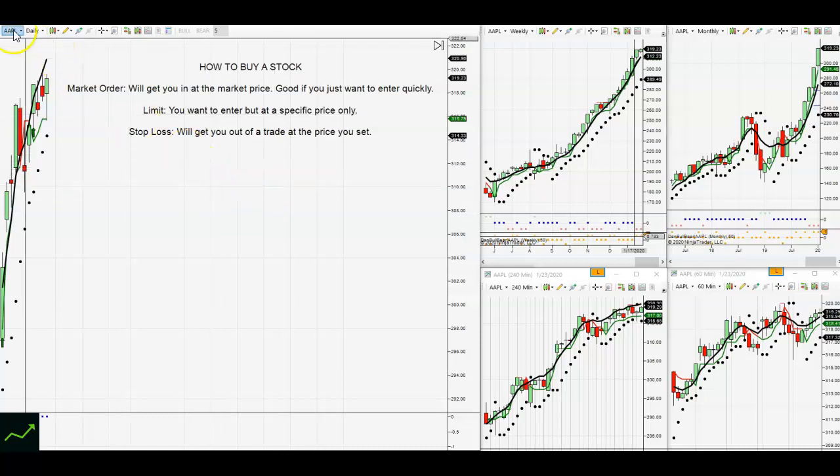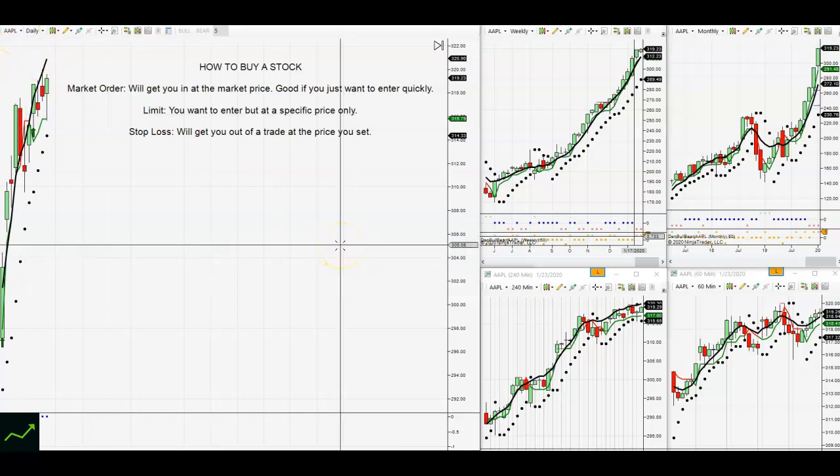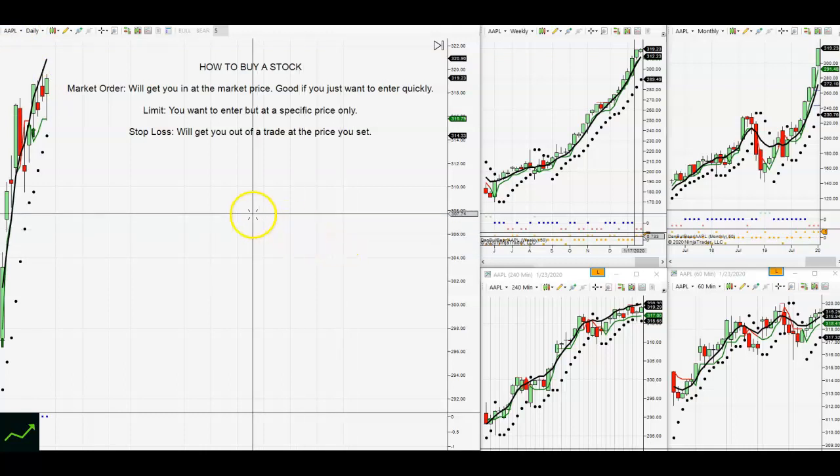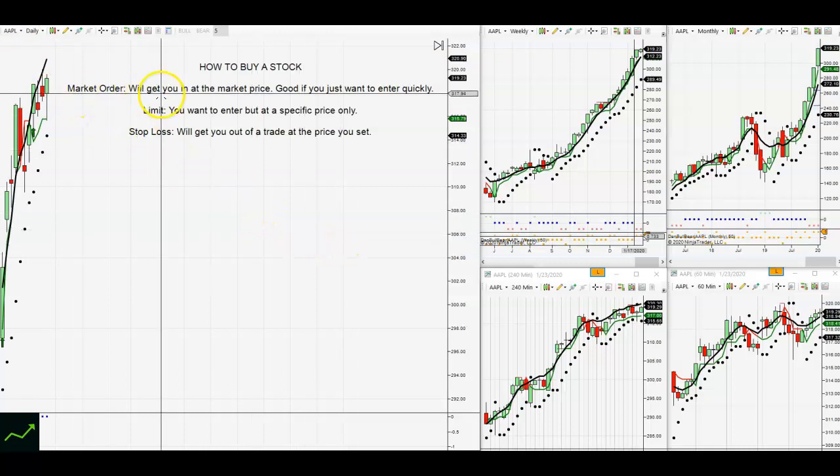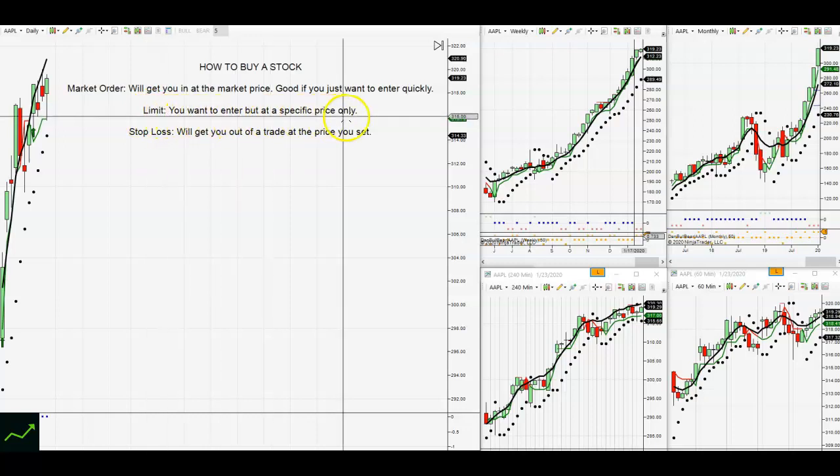A stock like Apple, we're looking at an Apple chart here, is very liquid. One of the most liquid, heavily traded stocks on the planet. So that's a market order. A limit order is when you want to enter, but at a specific price only.